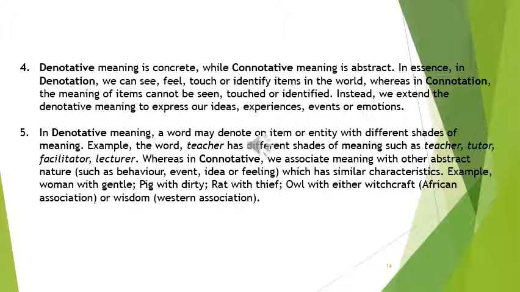The fifth one is that in denotative meaning, a word may denote an item or entity with different shades of meaning. Example, the word teacher has different shades of meaning, such as teacher, facilitator, lecturer, and so on.